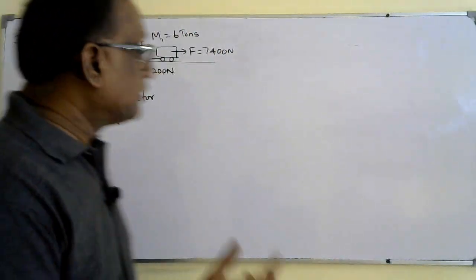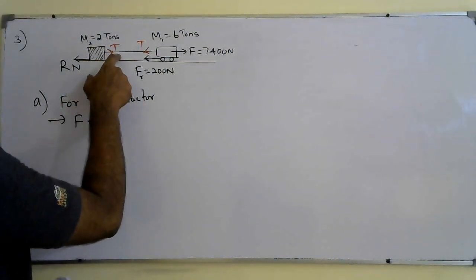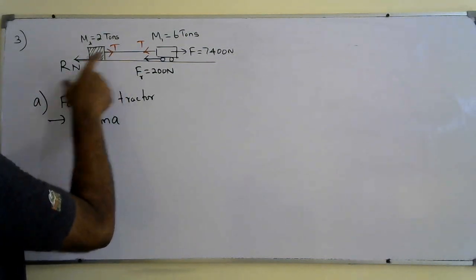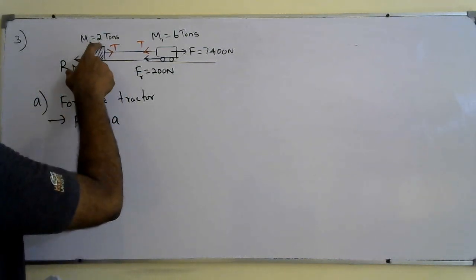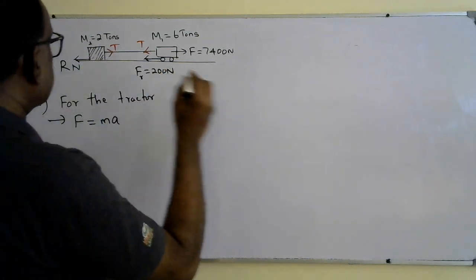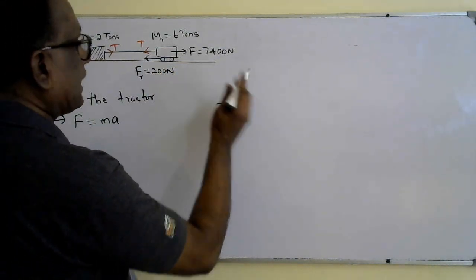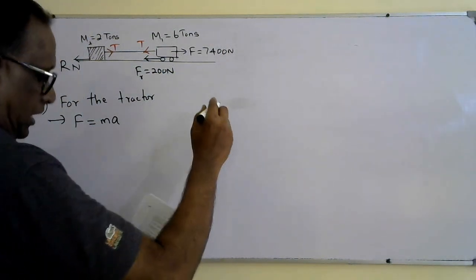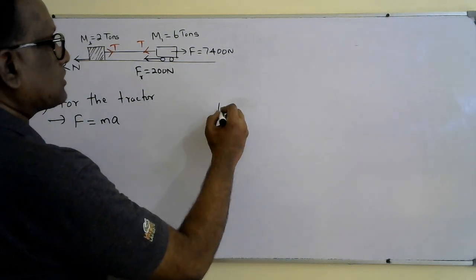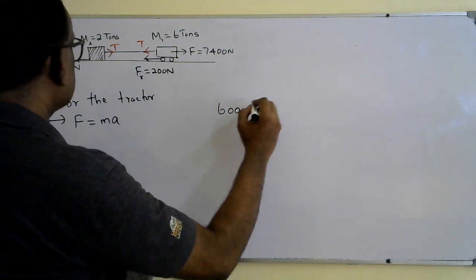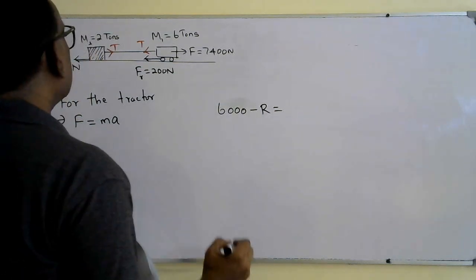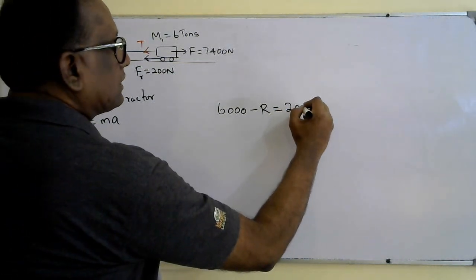So if I use it for the box only, it will become T minus R, T is 6,000, minus R equal 2,000 times A. That is, T is anyway 6,000, so 6,000 minus R equal the mass of the box, 2,000, times A.